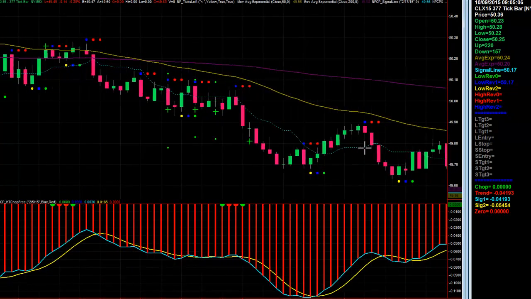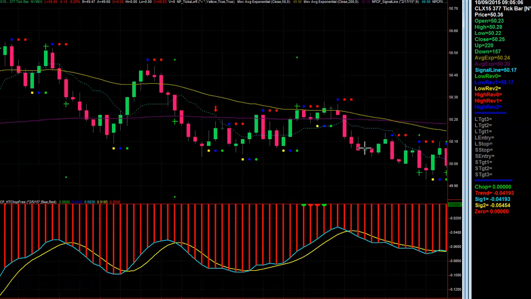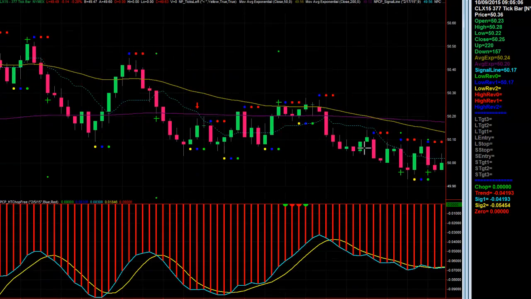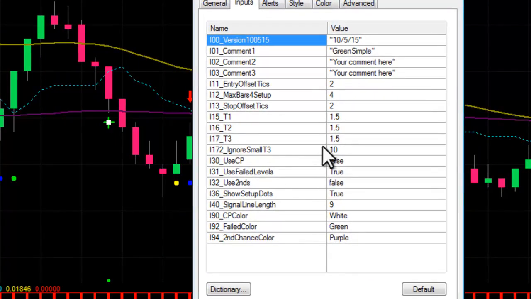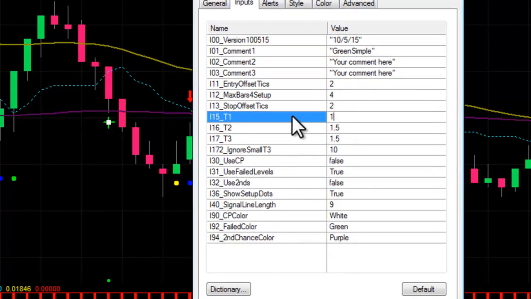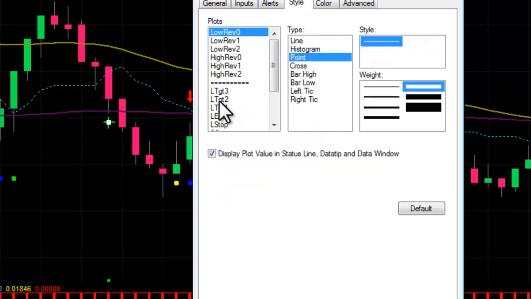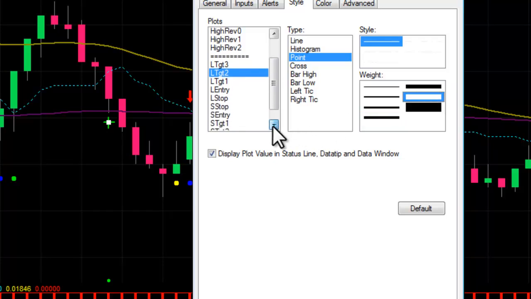Just the green trades. You could always put on a second target. So perhaps the one target is too simple. You can come up here and put on a target 1 like so. You can make the second target larger, give it more emphasis.